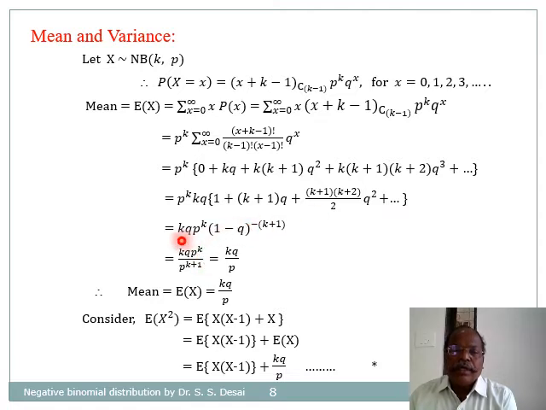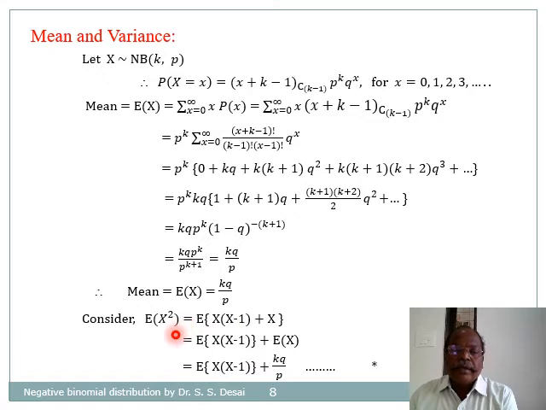And it gives us kq into p^k (1-q)^(-(k+1)). So that is kq into p^k divided by p^(k+1), and it is equal to kq divided by p. Therefore, mean is equal to kq divided by p for negative binomial distribution.